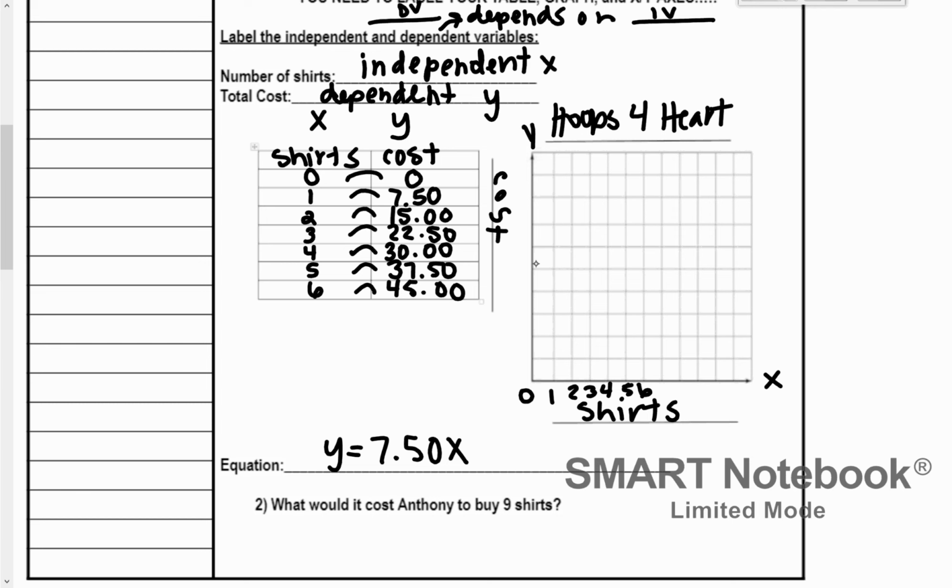For costs, we've got to go from 0 to 45. I would say let's count by like fives, and then we can just kind of estimate where the point should be. That's okay. So let's go 5, 10, 15, 20, 25, 30, 35, 40, 45, 50.